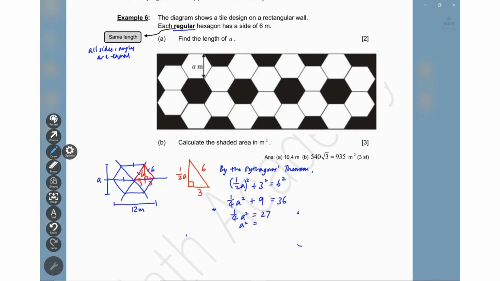A squared is 27 times 4, so 108. A would be root of 108, and you can press your calculator. Rounding off to 3 significant figures, I get 10.4 meters. This is your part A.